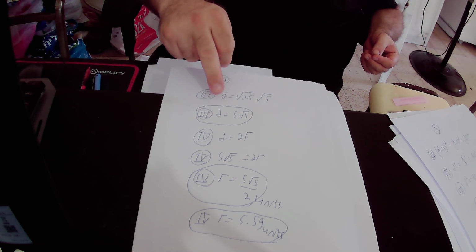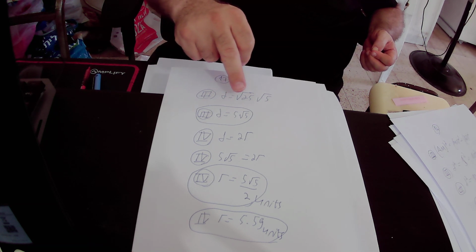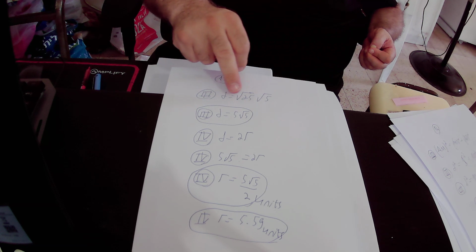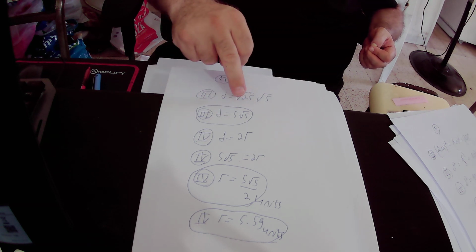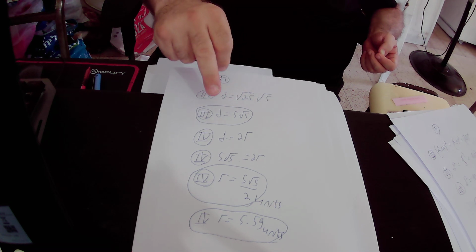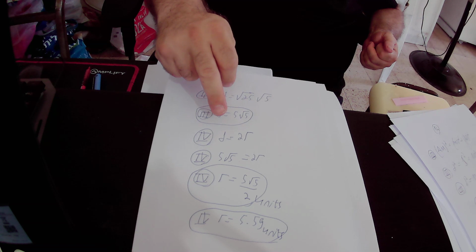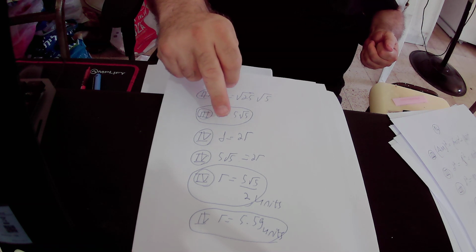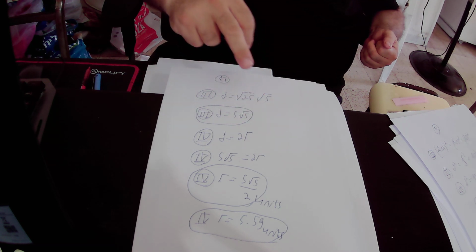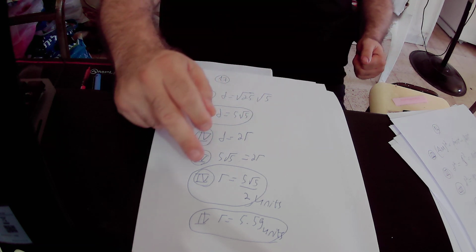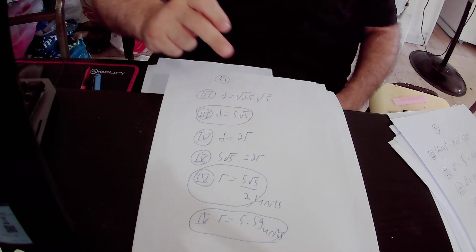We already know that the diameter of this specific circle equals 5 times root 5, so we can substitute D by 5 times root 5. And we got that the radius of the circle equals 5 times root 5 over 2 units, or the radius of the circle equals 5.55 units.